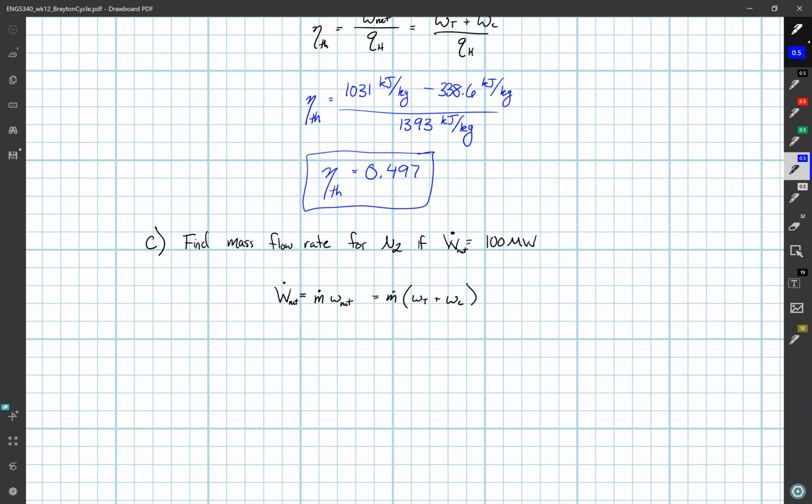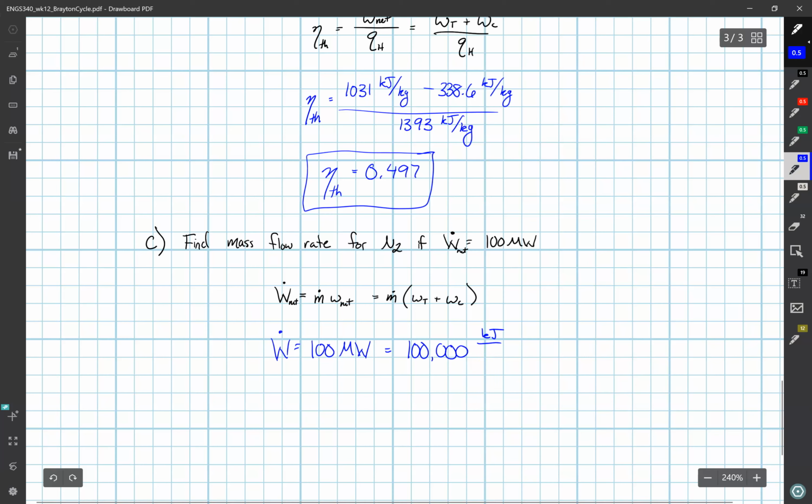Last question. Again, this is a question that we were asked before. If we have a net work of 100 megawatts, that's 100,000 kilojoules per second.